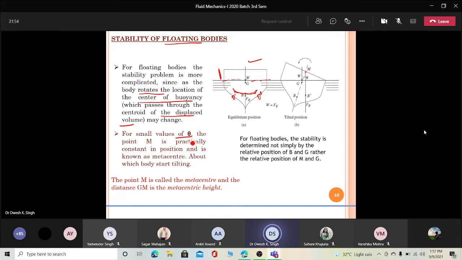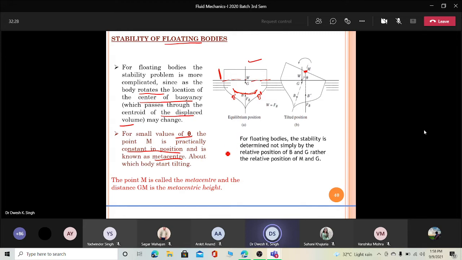For small values of theta, first of all, what is this metacenter actually, that we will understand. For small values of this theta, the point M is practically constant in position and is known as the metacenter. It is that point about which your floating body oscillates. And the buoyancy force always passes through this metacenter.